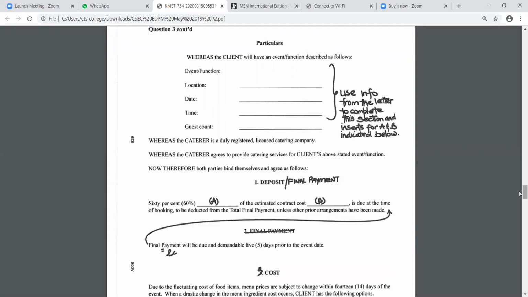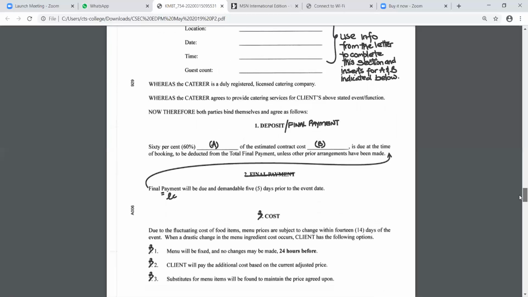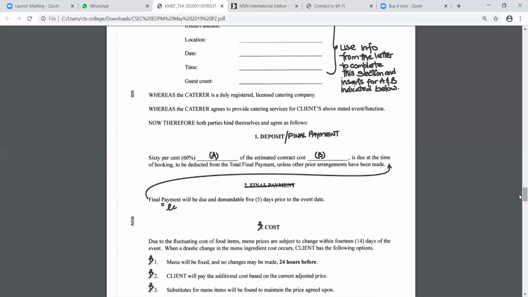Good, stop. What goes where now? Look at your manuscript writing. What goes where? Are you looking at the documents? Okay, what goes where? Look at the line now. After we type arrangements have been made, full stop, what is the next line we have to put where?